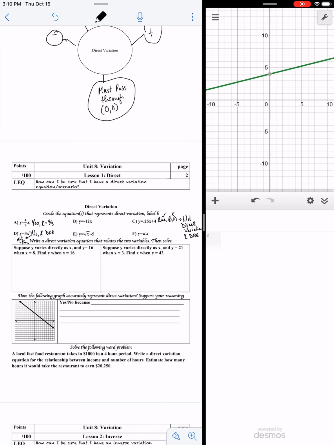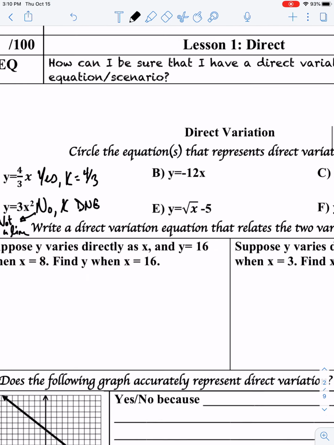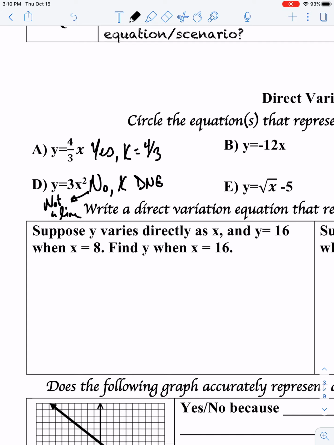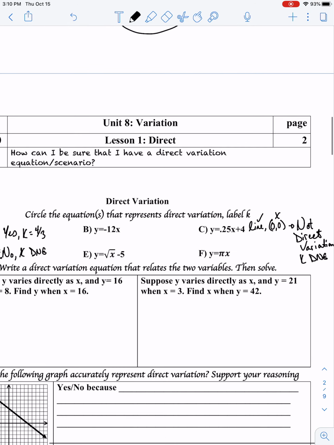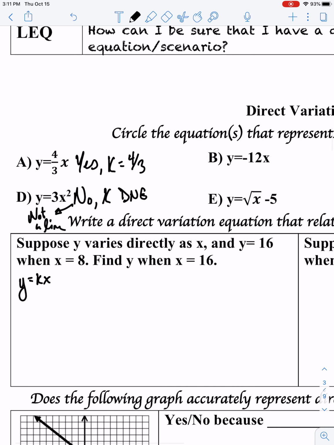Okay. The next example I'm going to do will be how 90% of the problems are asked. So again, remember, y is equal to kx is my formula. And while I'm doing this one, y'all can be over here doing the one on the right. So y is equal to kx because y varies directly.